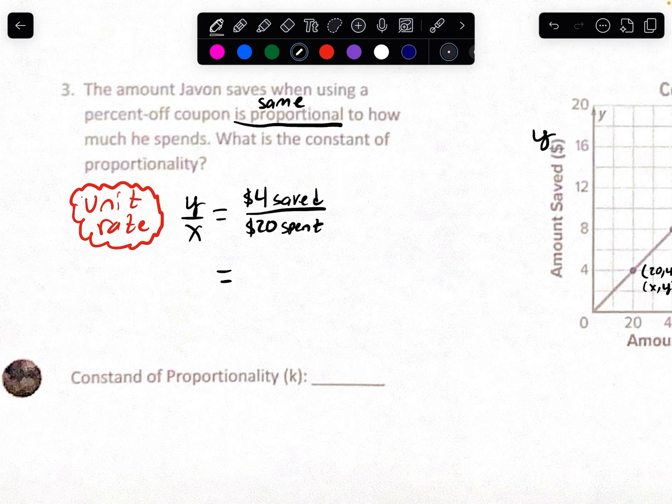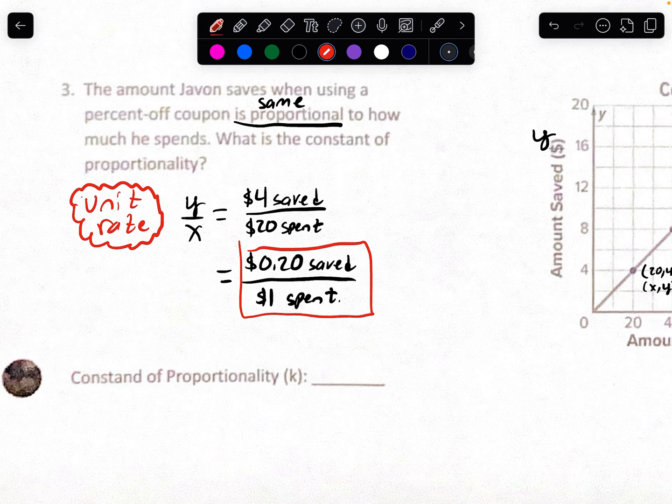If I plug it into my calculator, 4 divided by 20 should make 0.2. But in terms of money, we want to put 20 cents. We don't want to say 0.2 because no one says 0.2 cents. That's kind of confusing. So $0.20 saved over $1 spent. So this is my unit rate.